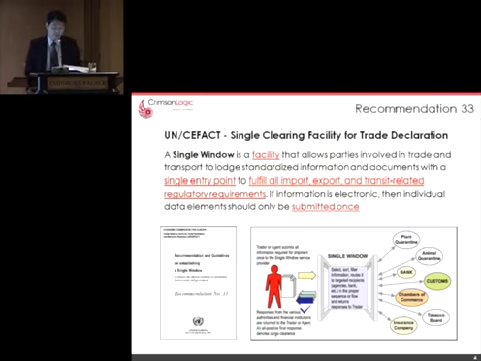It is a facility that allows parties involved in trade and transport to lodge standardized information and documents with a single point of entry to fulfill all import, export, and transit-related regulatory requirements. So that's quite a mouthful of a definition. But for the more visually inclined among you, the graphics at the bottom here actually show what a single window looks like.